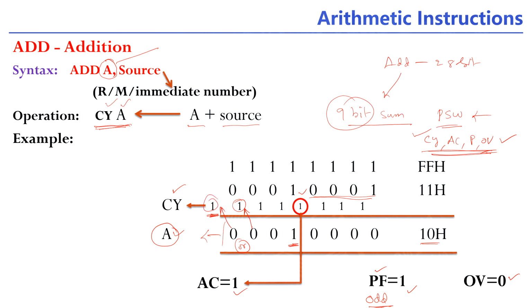But in our example, both came at a time. Any one of the conditions being satisfied sets it, but here both are satisfied. That means overflow will be 0.